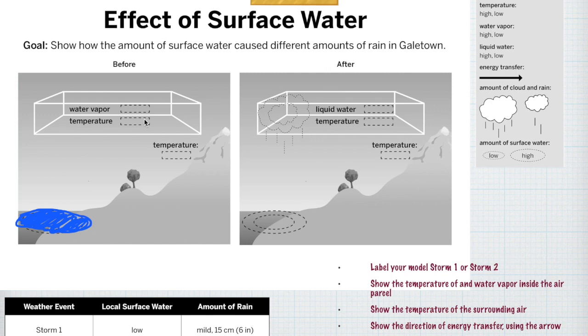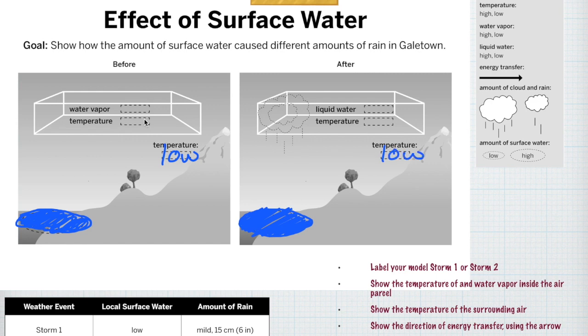Now, this does not change the amount of surface water at the end, because the lake wouldn't really go down that much. There'll just be more available to transfer. Now, we never said anything about changing the outside temperature, so we're going to keep it again at a low outside temperature.